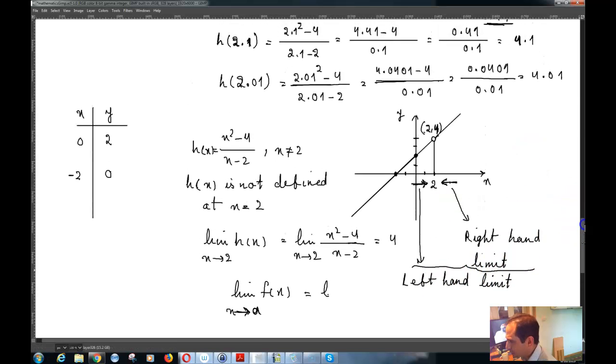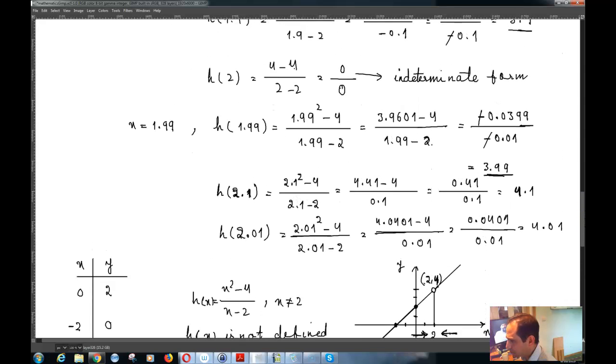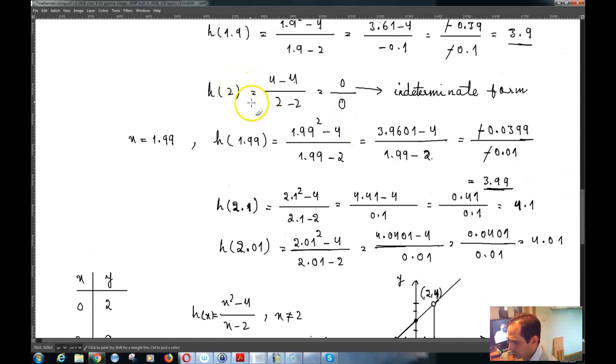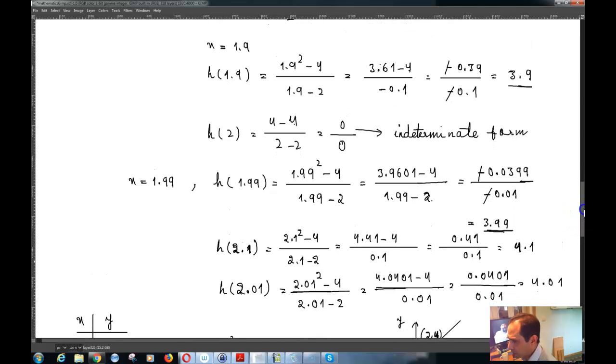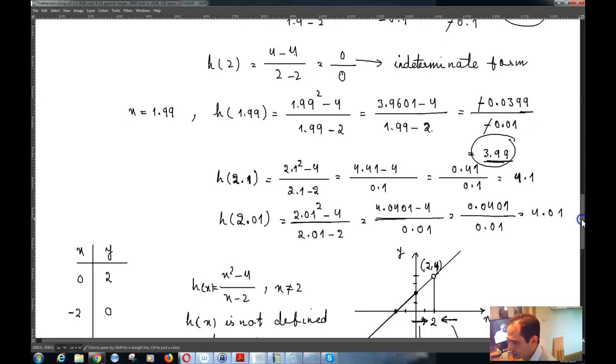For example, in this case, as we got closer to 2 from the left, the value of the function seemed to be tending to 4, 3.9 and 3.99. So then I can say that the limit of h of x when x tends to 2 from the left is equal to 4.